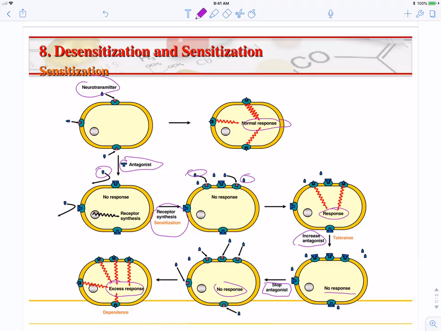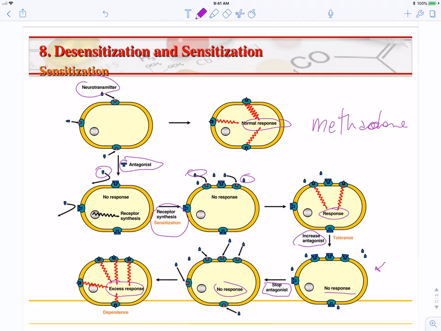If we look, for example, at sensitization, that's what happens oftentimes with treatment of opioid addiction with something like methadone, which is a weak agonist and basically works as an antagonist. When a patient is treated with methadone, we're going to be in a situation where even in the presence of the drug of abuse, we'll have no response.